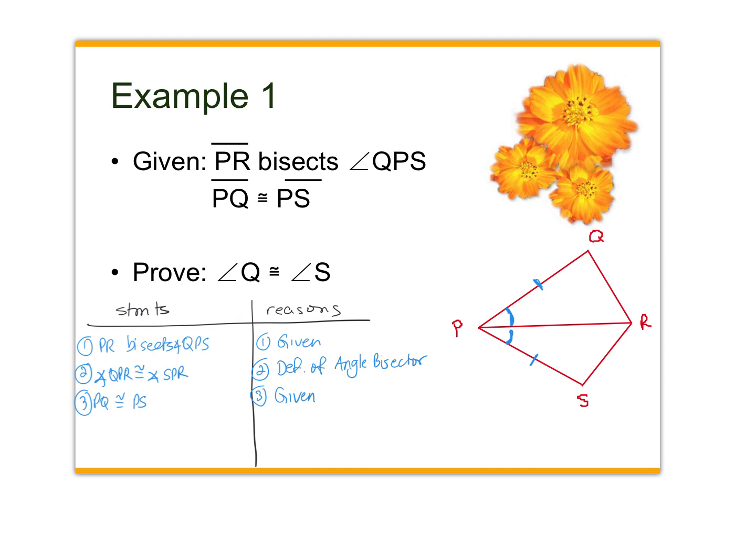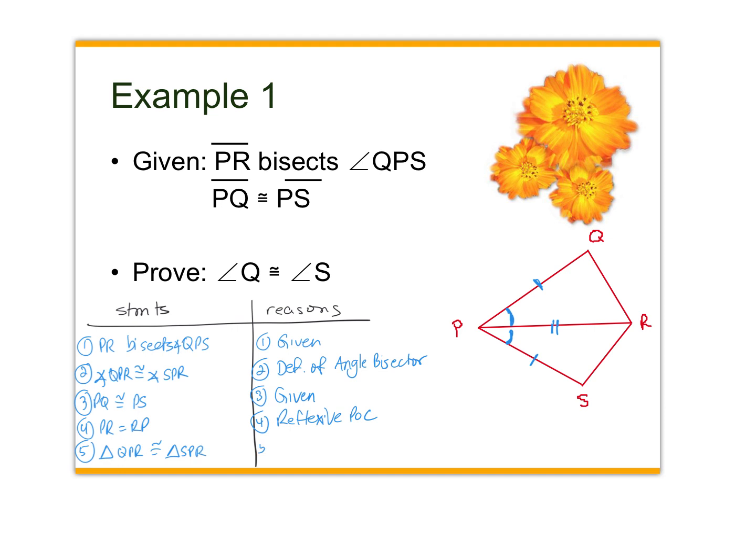So I'm going to look at these triangles and see what I need to prove the triangles congruent. Notice right now I have a side and an angle, and I also know that PR equals PR, or RP. The line equals itself. I know that that's the reflexive property of congruence. And so now I know that triangle QPR is congruent to triangle SPR.